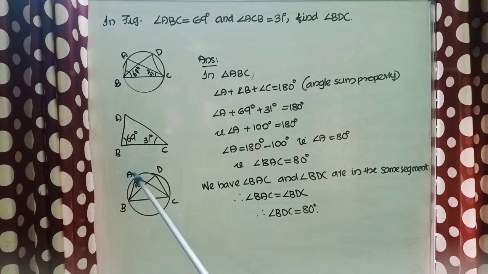This angle BAC and angle BDC both are in the same segment, and we have studied angles on the same segment are equal. So we can write angle BAC equal to angle BDC. Here we have got angle BAC equal to 80 degree. So we can conclude angle BDC is also equal to 80 degree.